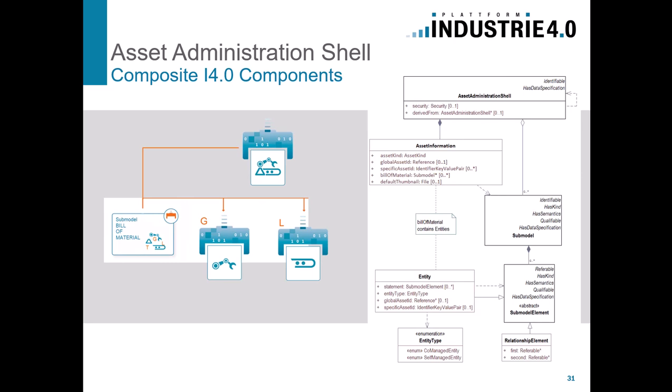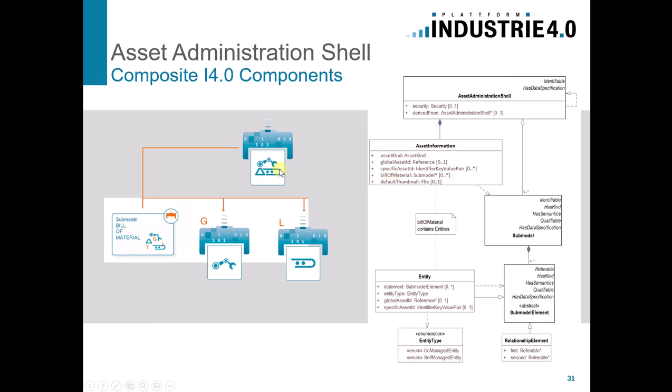How it's done is via so-called bill of materials. Here you see them. It's not only one bill of material, it can be more than one bill of material depending on the relationships and the entities you want to express.